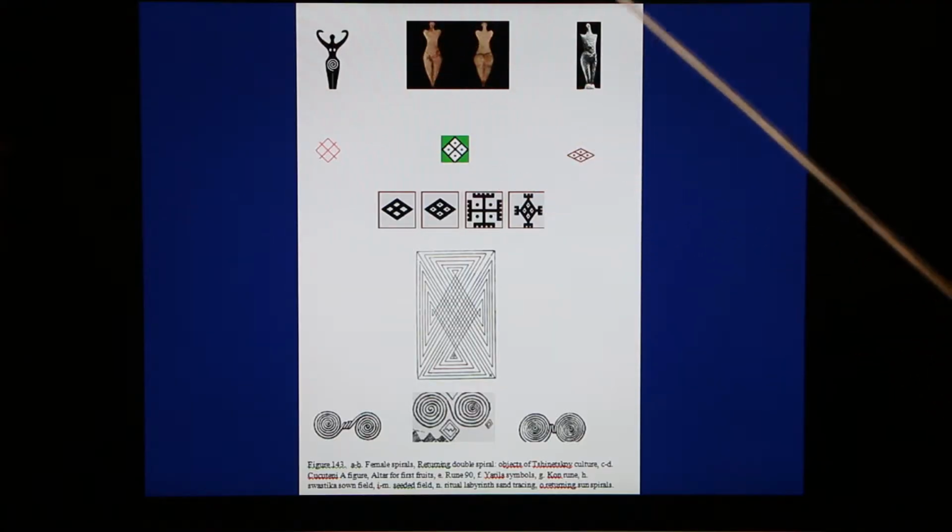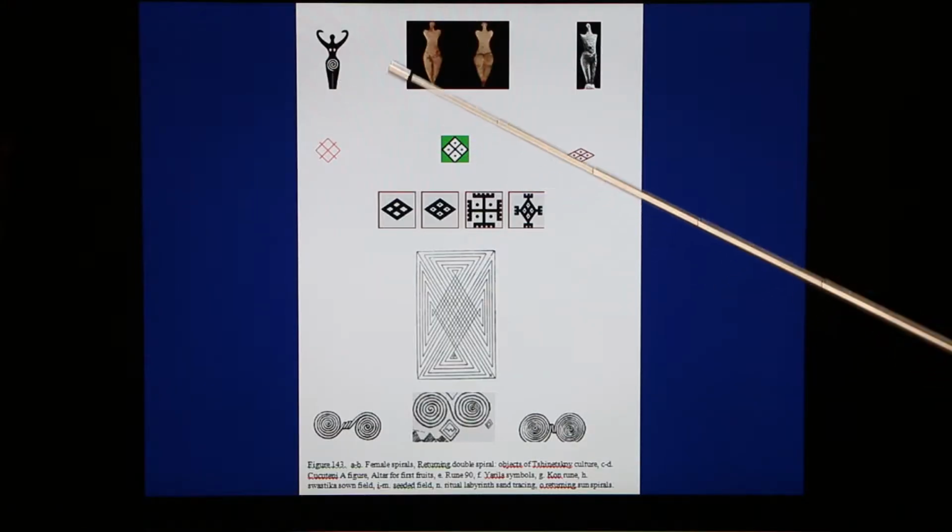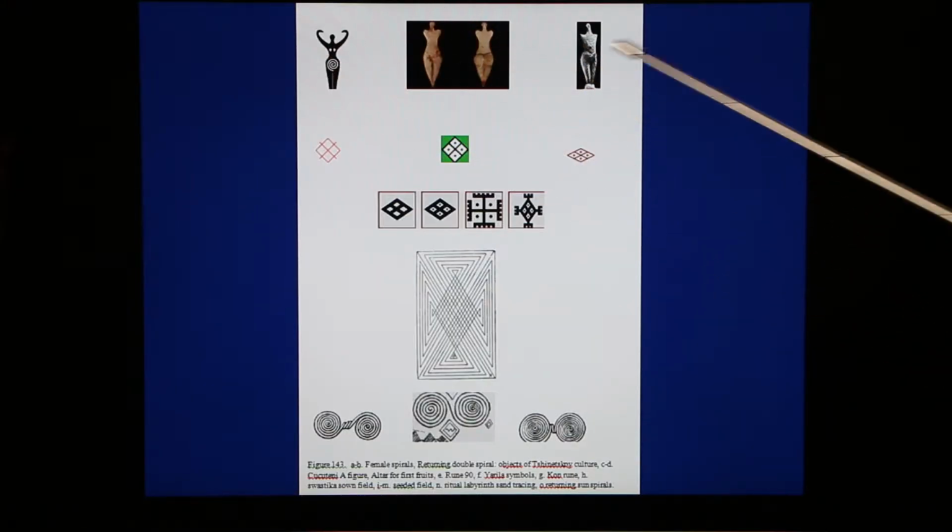Now, it's not only the men that are involved, you'll be relieved to know, it's also the women. So the woman becomes the symbol of the universe, and in ancient Egypt, it is a goddess who is the Milky Way. And the goddess always has a spiral here, and this is already back in 5000 BC.